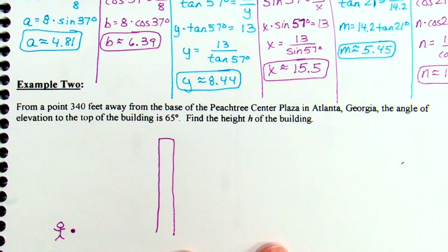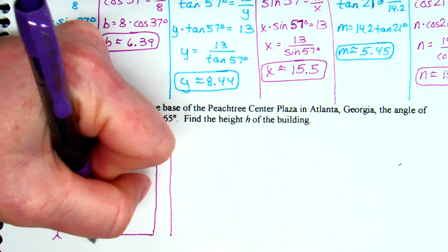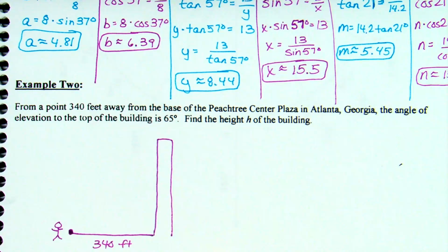It says from a point 340 feet away from the base. So what's that mean? This is 340 feet along the base. The angle of elevation to the top of the building. What's that mean? Angle of elevation?